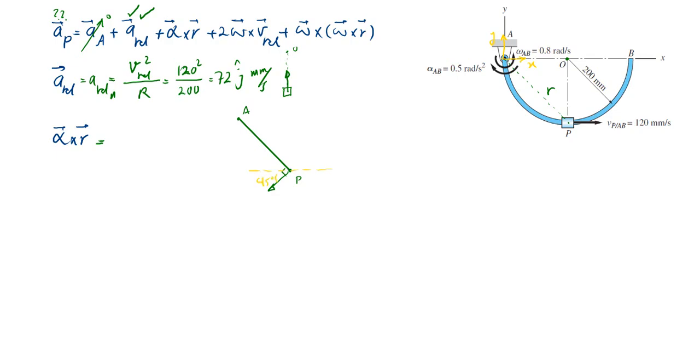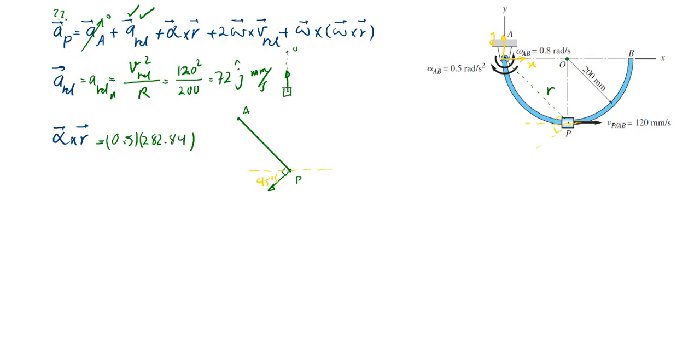Since these are perpendicular, the other angle is also 45. So we plug in. We know R, we know alpha. Alpha is 0.5 times R, which I calculate as 282.84.